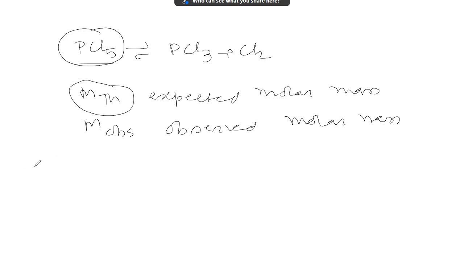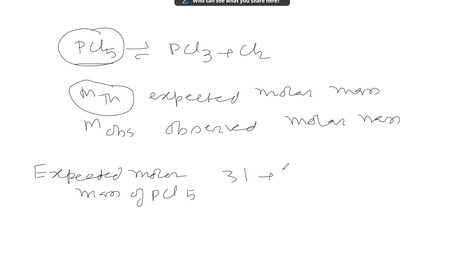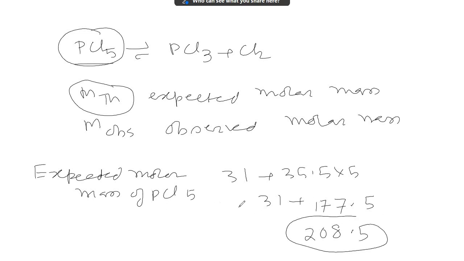So it will be 31 plus 35.5 into 5, that is 177.5 plus 31, which is 208.5 expected.